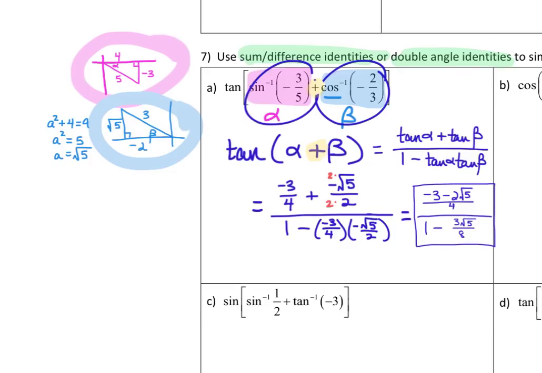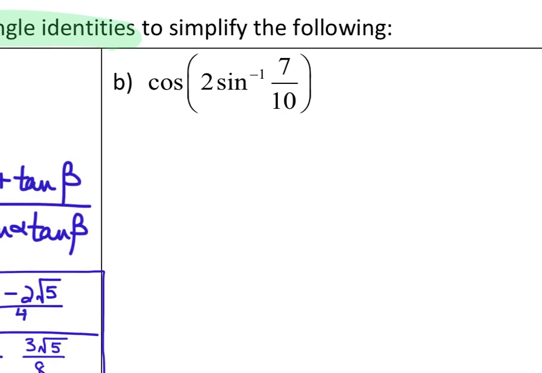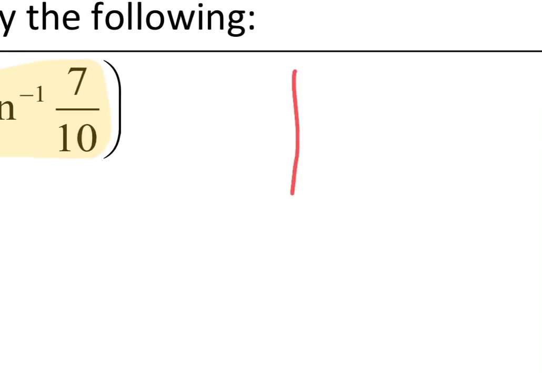So in part B, it's nice because you have a positive input, and so everything's going to be a first quadrant angle. Let's start with just talking about the sine inverse of 7 over 10. Like I said, it's a first quadrant triangle.